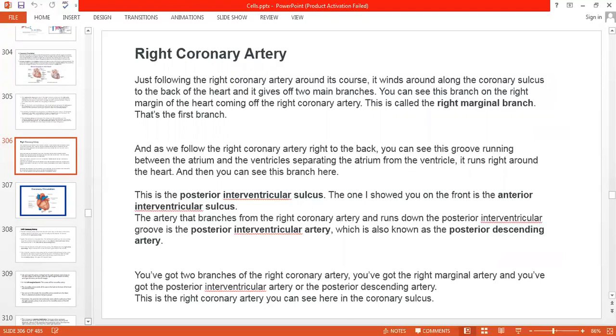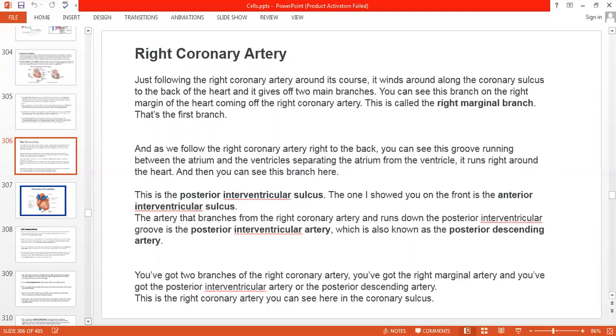That's the first branch. And as we follow the right coronary artery right to the back, you can see this groove running between the atrium and the ventricle, separating the atrium from the ventricle. It runs right around the heart, and then you can see this branch here. This is the posterior ventricular sulcus, the one I showed you on the front as the anterior ventricular sulcus.